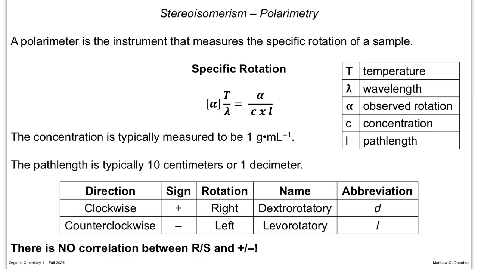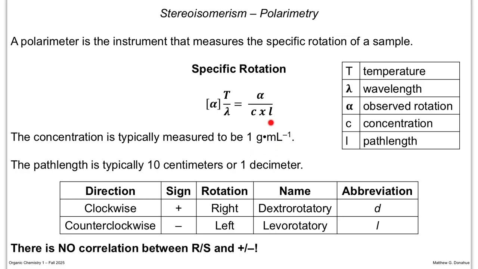The specific rotation equation is shown here. All it really does is normalize the optical rotation you observe to whatever concentration you made your sample times the path length. Experimentally, to make this easy, typically you want the concentration to be 1 gram per milliliter.